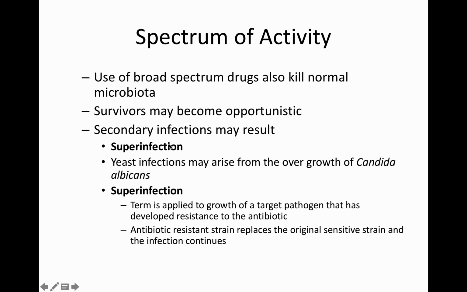So a yeast infection or antibiotic-associated diarrhea from Clostridium difficile would be some examples of that. So that term superinfection is applied to the growth of a target pathogen that has developed resistance, or a strain that replaces the original strain and the infection continues.